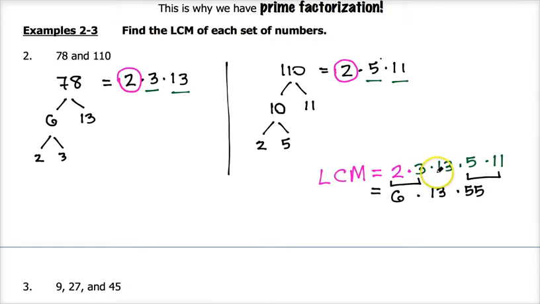Okay, so that's why I'm allowed to bring the 13 down and do the last two numbers here, 5 times 11. 6 times 13 is going to give me 78. And so the LCM of 78 and 110 is really going to be the product of 78 and 55, which I'll need to show some work for. I'm going to do that over here.